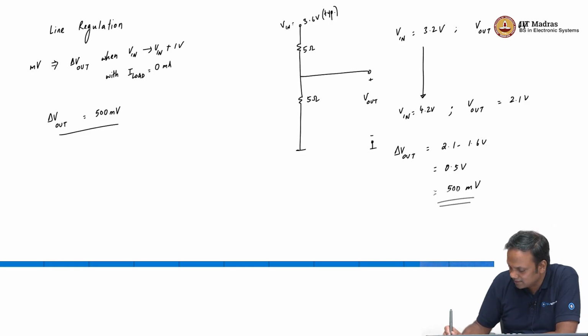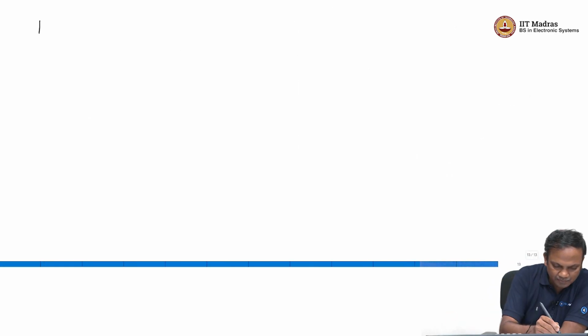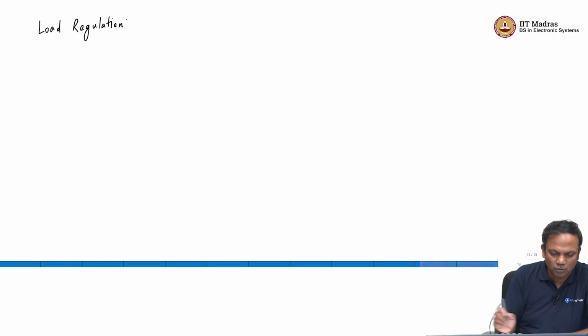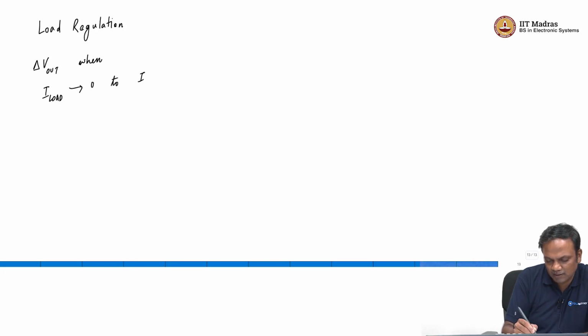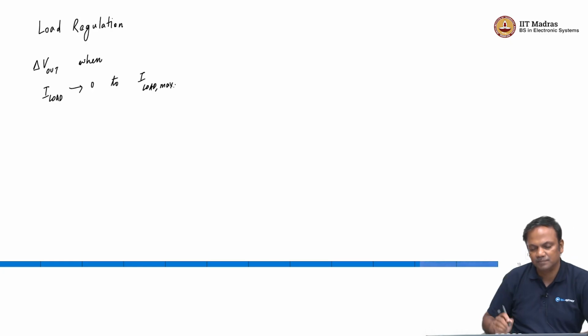Now, let us calculate load regulation. Load regulation is defined as the change in output voltage when the load current goes from 0 to the maximum load current.